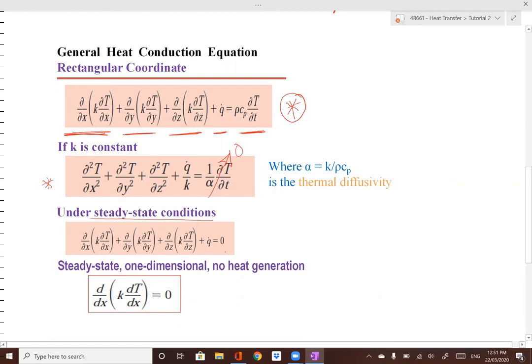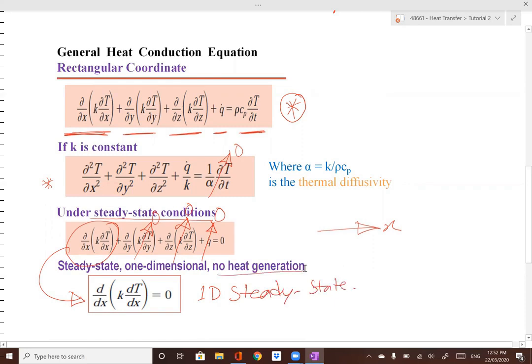Now our problem is steady state and also one dimensional. Heat will flow only in the x direction, so no heat will flow in the y-axis or the z-axis. Also there is no heat generation, so this part will become 0. Also this one is steady state, so the right hand side is already 0. So our equation will become only the first portion for one dimensional steady state with no heat generation.